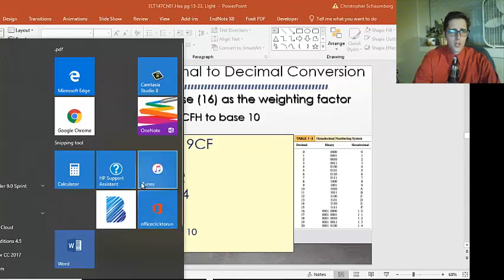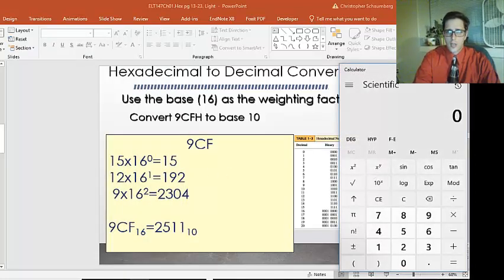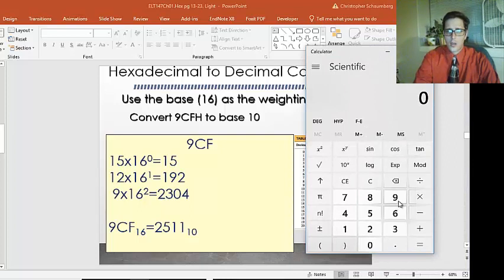Let's look at that. Okay, so the first one was right, so we know 15 is right. 12 times 16 is 192, that looks right.